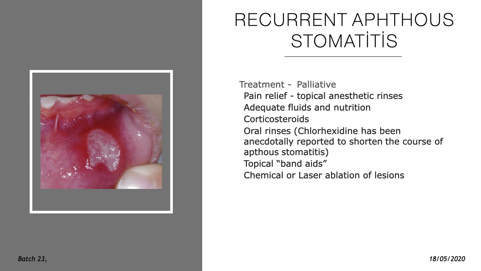Since the lesion will heal within 7 to 14 days, there is no need of any active therapy. It's only pain relief from the ulcer areas. You can give a topical anesthetic rinse, adequate fluid and nutrition, or an oral rinse with chlorhexidine can help the patient in relieving the disease faster.